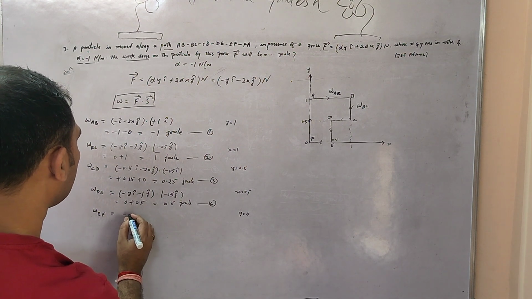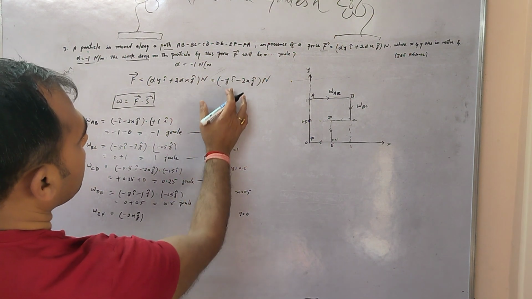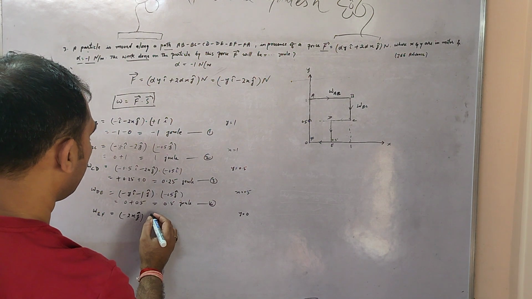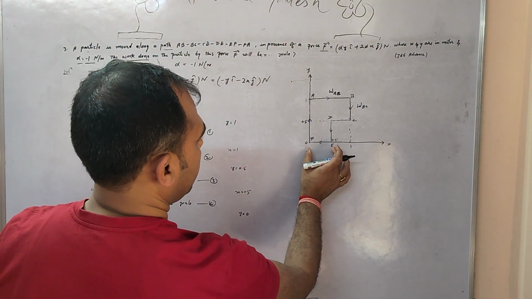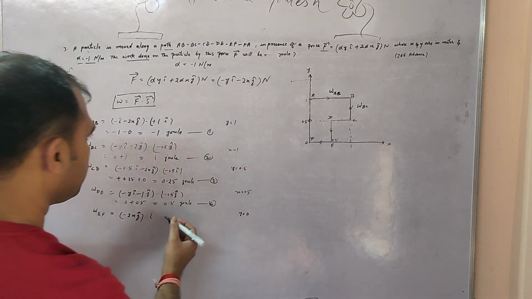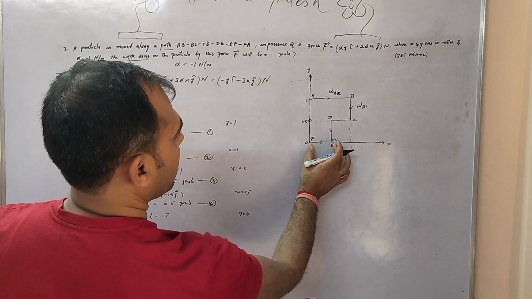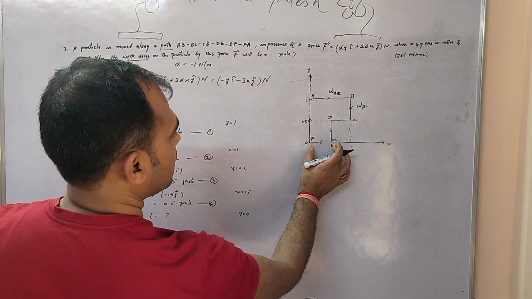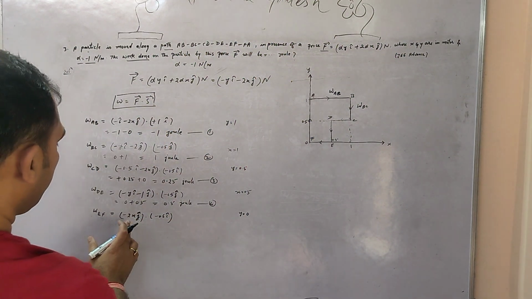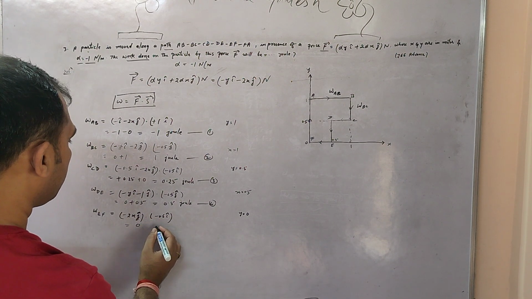So we are left with minus 2x j cap only. Dot, what is the displacement vector? EF. This is the minus i direction, minus i cap, and what is the displacement magnitude? This is 0.5, so 0.5 i cap. But you know, j dot i, that is 0.